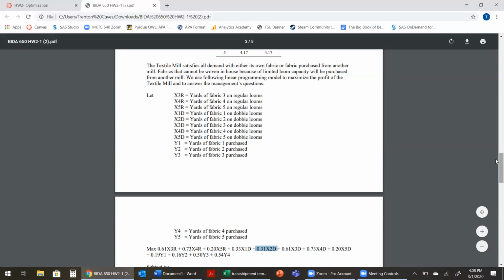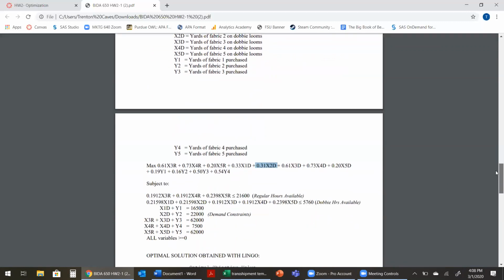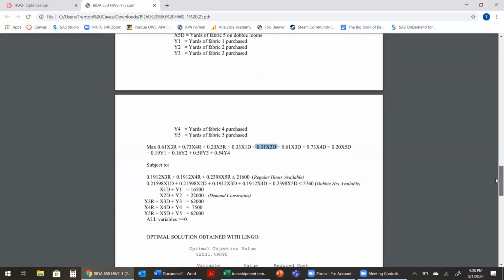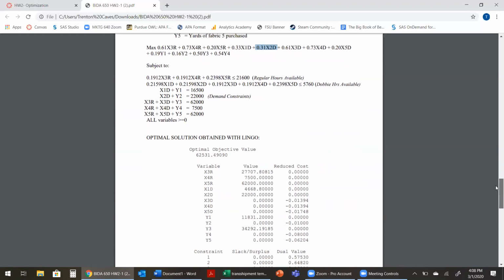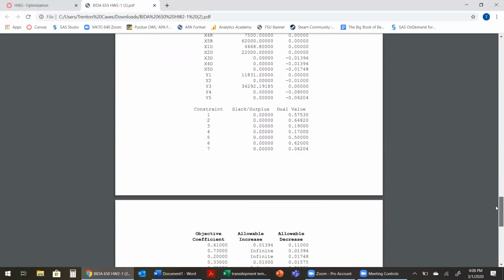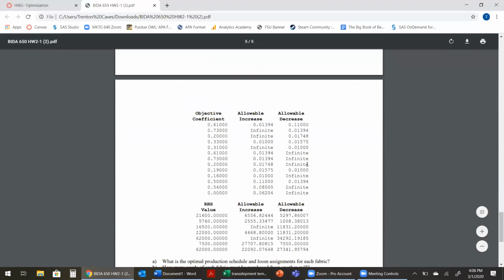And so our values for X2D, go back to our objective coefficient, and it's here, our 0.31.